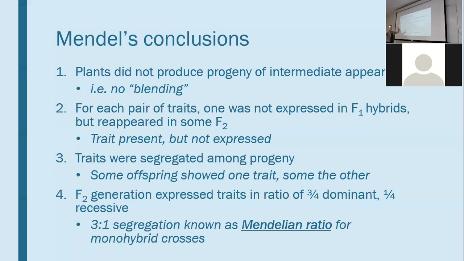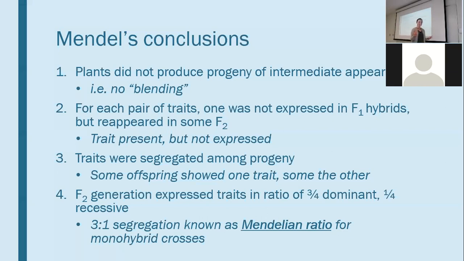And we call the one that showed up, the purple flowers, dominant. And so he determined that because when you bred those together, you got white flowers, those F1 purple flowers were carrying the trait for white flowers, just not showing it. So you can have a trait and just not express it.